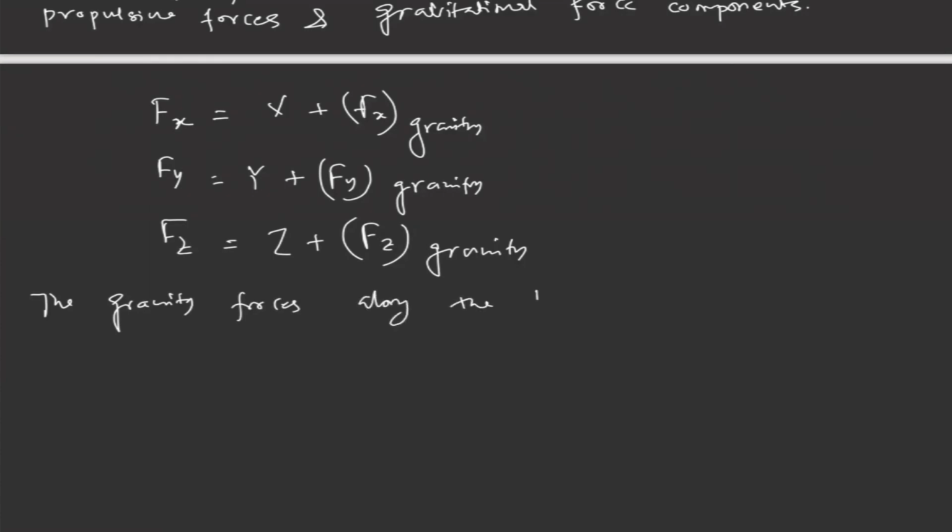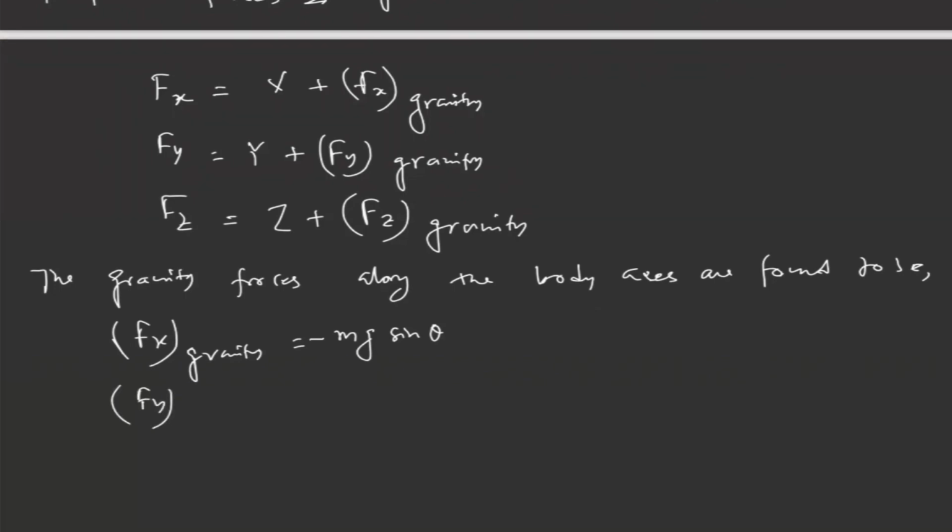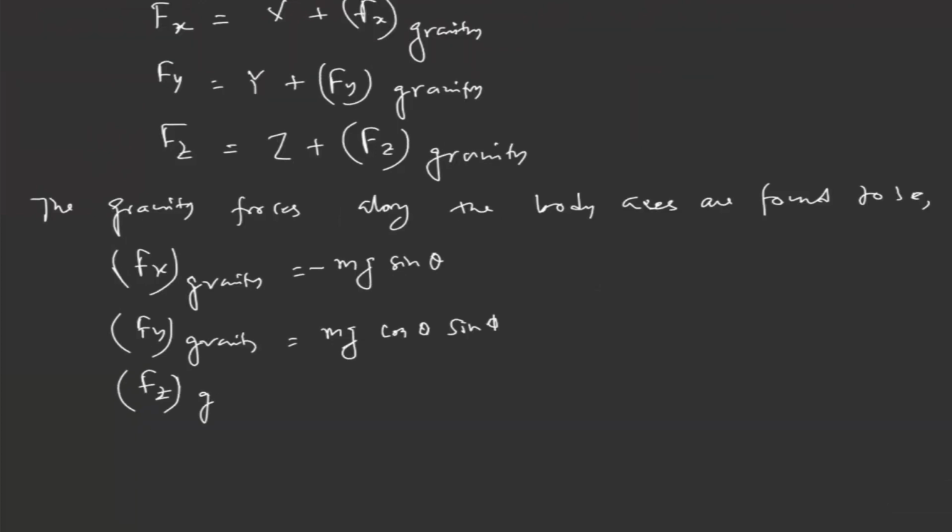Now the gravity forces along the body axis are found to be: Fx gravity equal to mg sin theta, and Fy gravity equal to mg cos theta sin phi, and Fz gravity equal to mg cos theta cos phi.